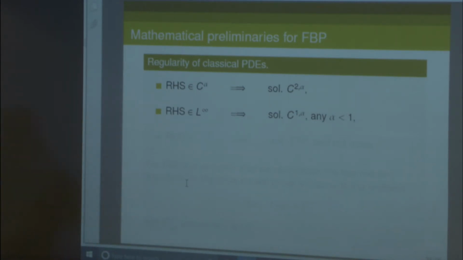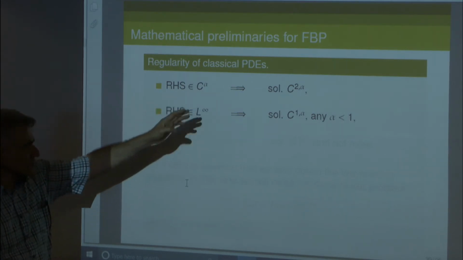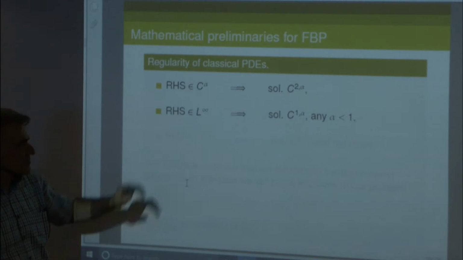If the right-hand side is Dini continuous, then you get C2 with no alpha anymore. I don't think you get the Dini continuity back. I think you get half of that or something. Anyway, Dini gives you C2, C alpha gives you C2 alpha.